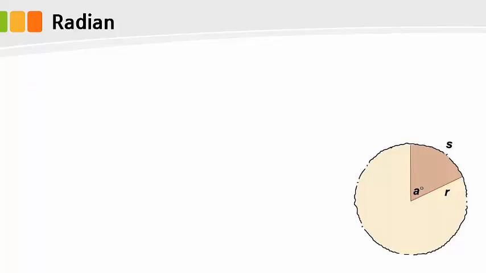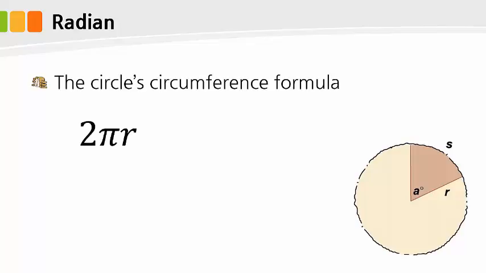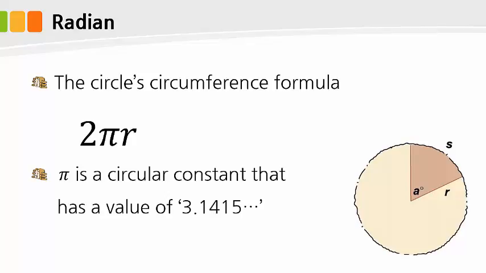Do you know the circle's circumference formula, 2 pi r? Even if you do not know, think of pi as a circular constant that has a value of 3.1415.